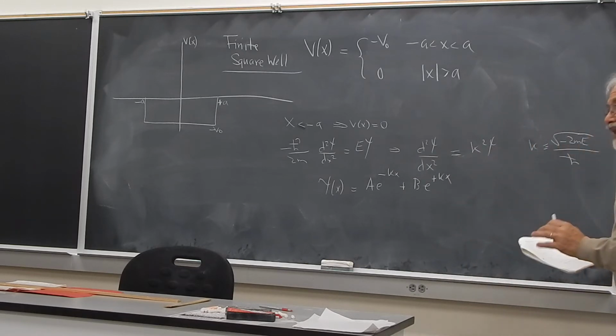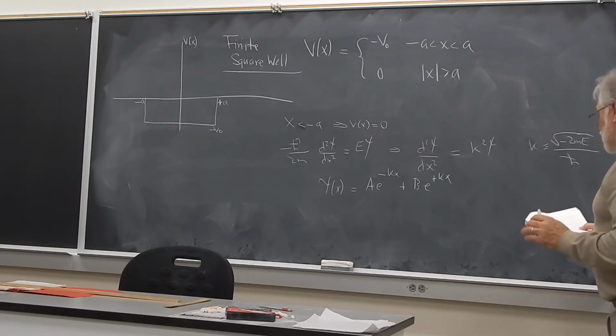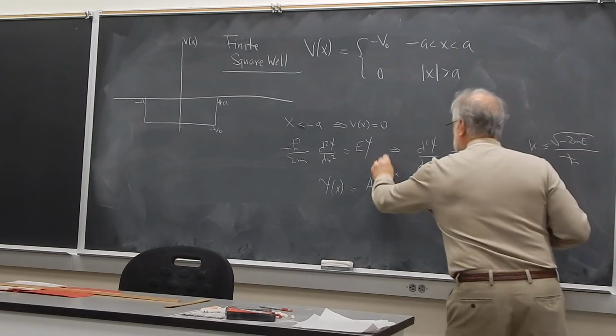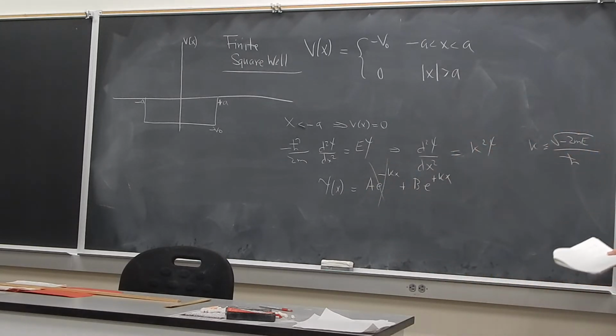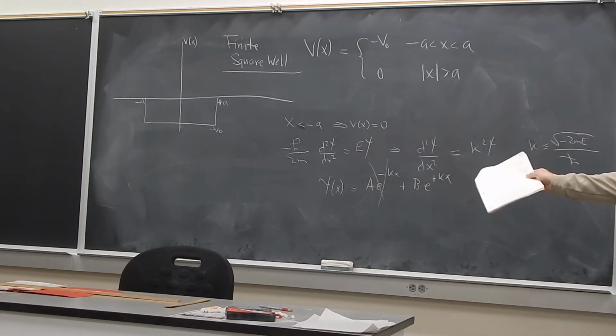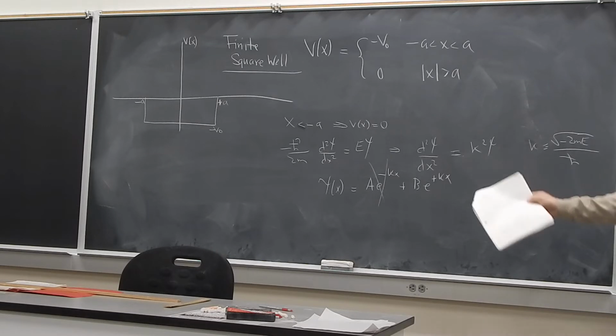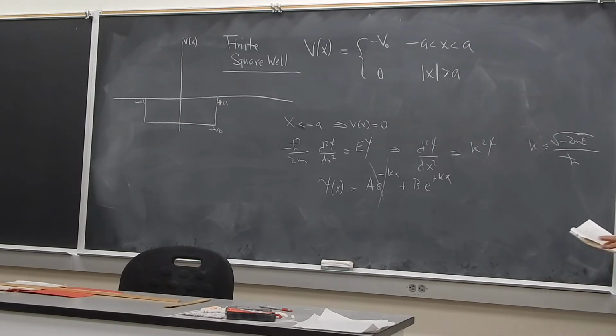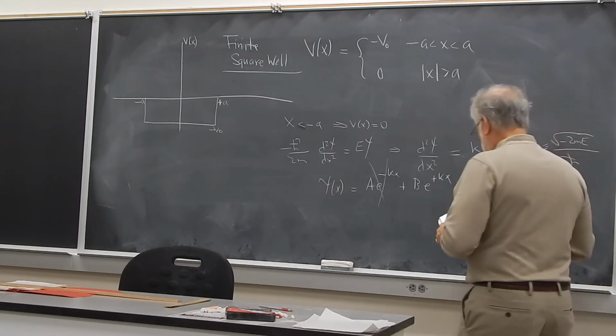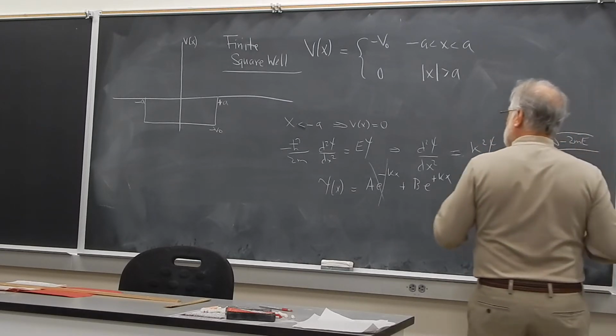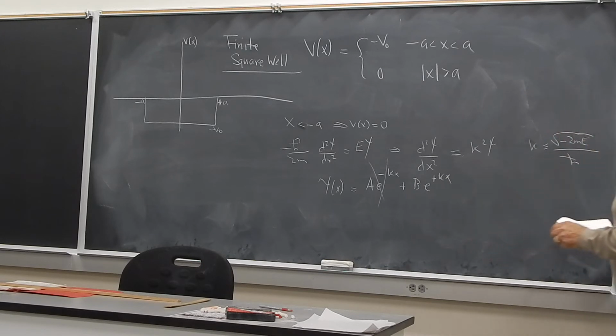The only allowed solution is B e to the positive kappa x, because at x equals minus infinity the first term would blow up, so A has to be 0, and we just keep the second term. So we can write psi of x as B e to the plus kappa x.